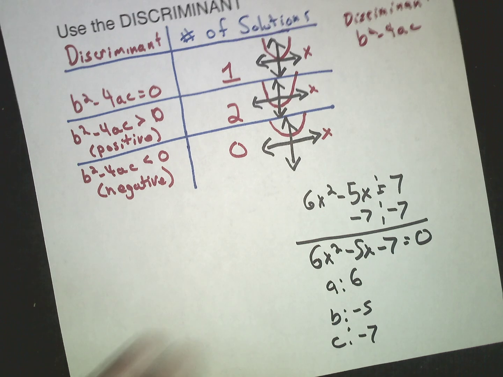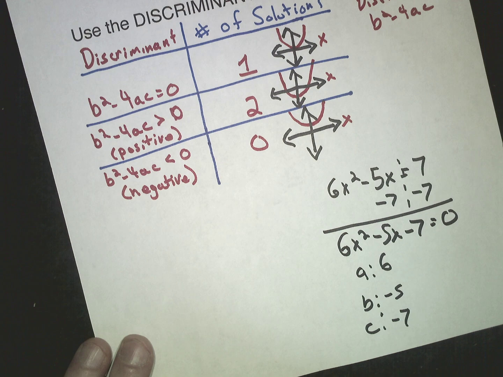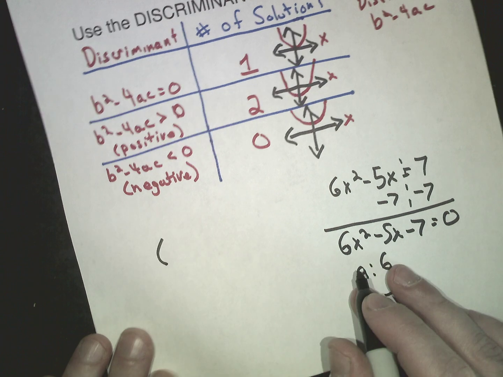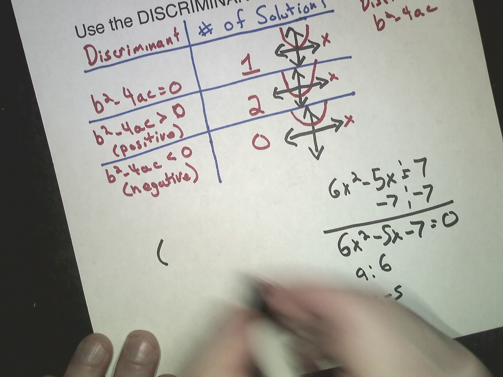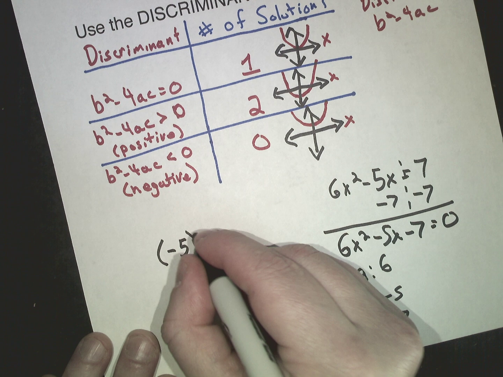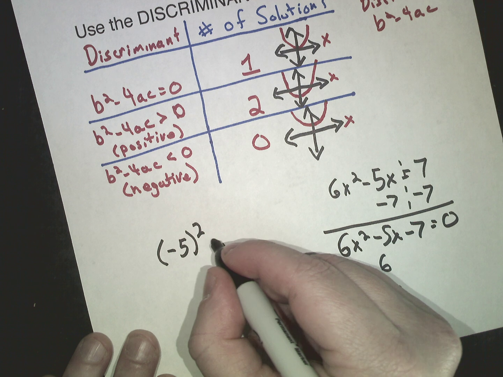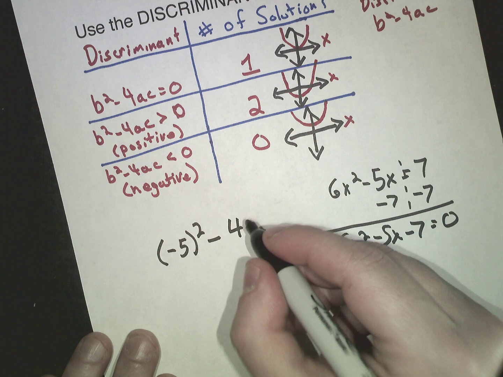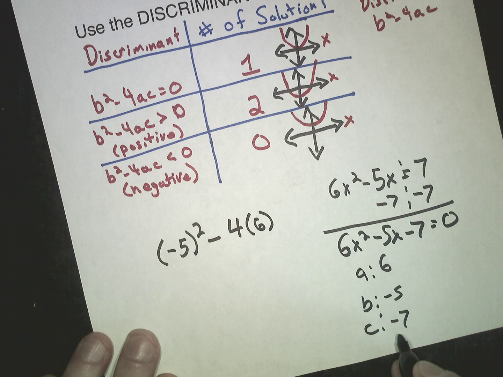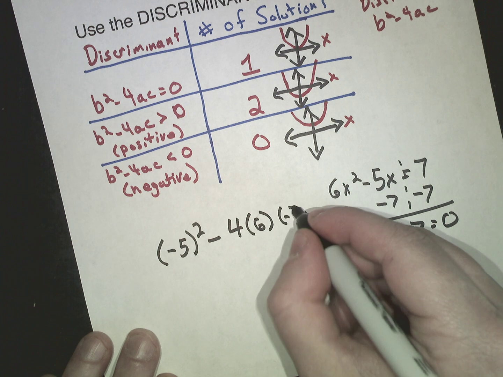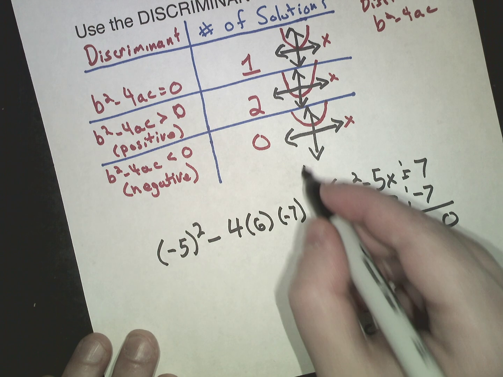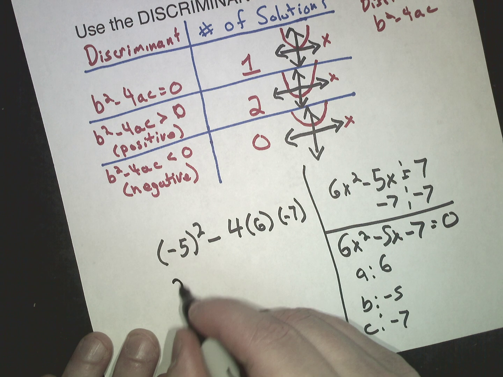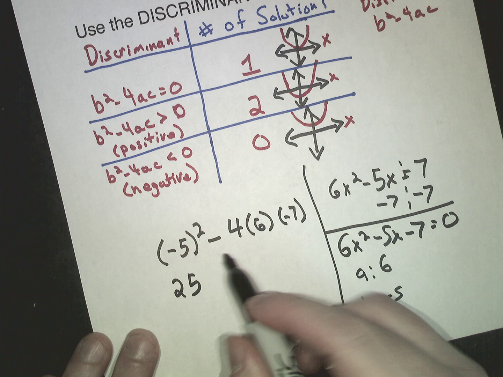Next step, I've got to put this into the discriminant. B squared, well, B is negative 5. So negative 5 squared, minus 4 times A, which is 6, and then C, which is negative 7. Negative 5 squared, put it in our calculator, would get us 25.